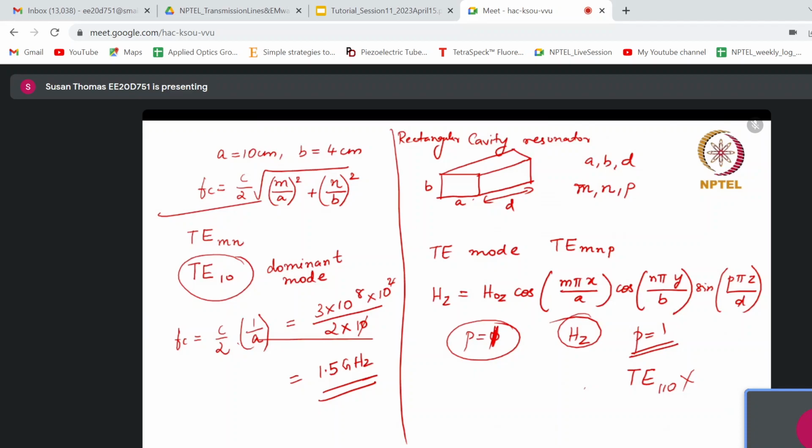Similarly, to check for TM mode, so TM is TMMNP. Let's write the equation for EZ.